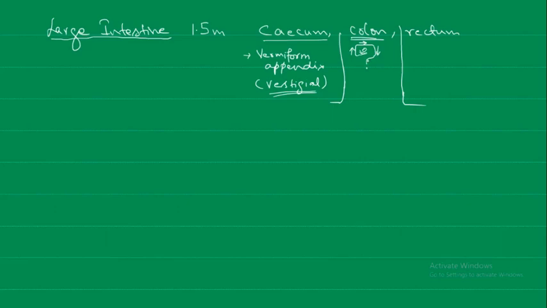The last portion is the rectum, which is about 15 centimeters long and opens into the anus. The anus is a circular muscle sphincter that allows the bowels to pass out; otherwise it remains shut.